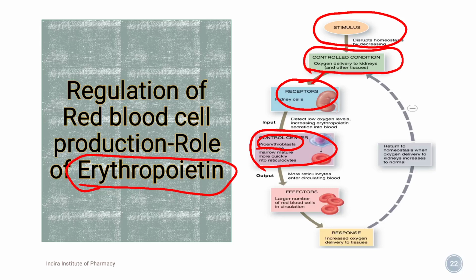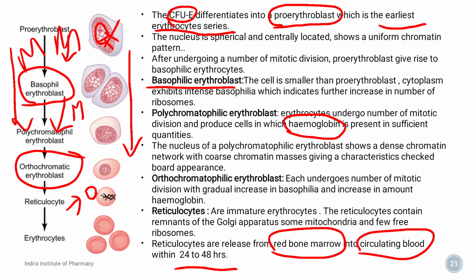Pro-erythroblasts are immature, so they have to get converted into basophilic erythroblast, then polychromatic erythroblast, then orthochromatic erythroblast, and then they mature into reticulocytes, and then mature erythrocytes are formed.